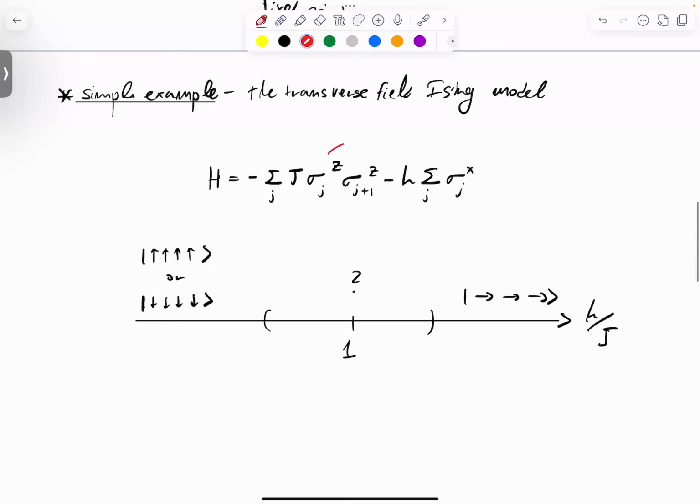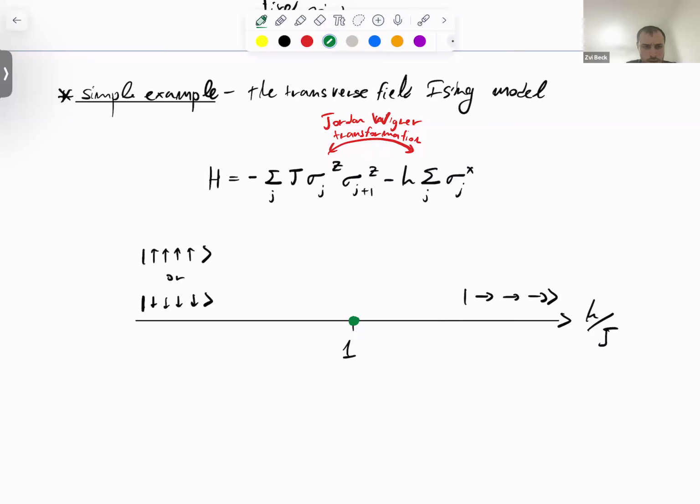I might even give you an exercise on that. The Jordan-Wigner transformation maps these two terms to each other, and therefore we can conclude that if there's a phase transition, it must happen here at 1. What is 1 again? H equal to J.